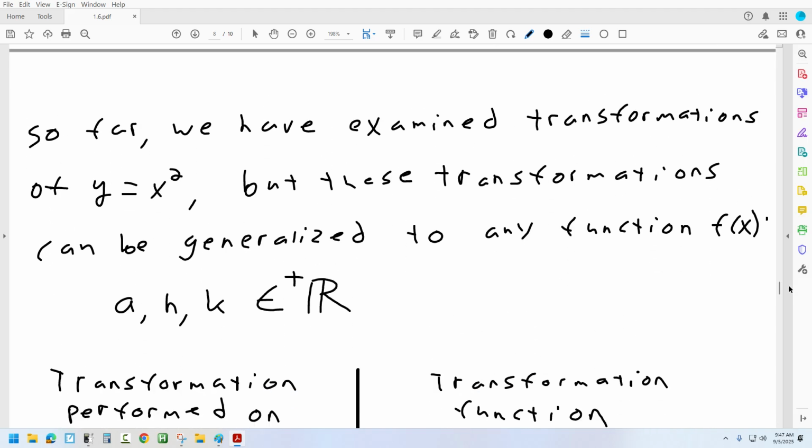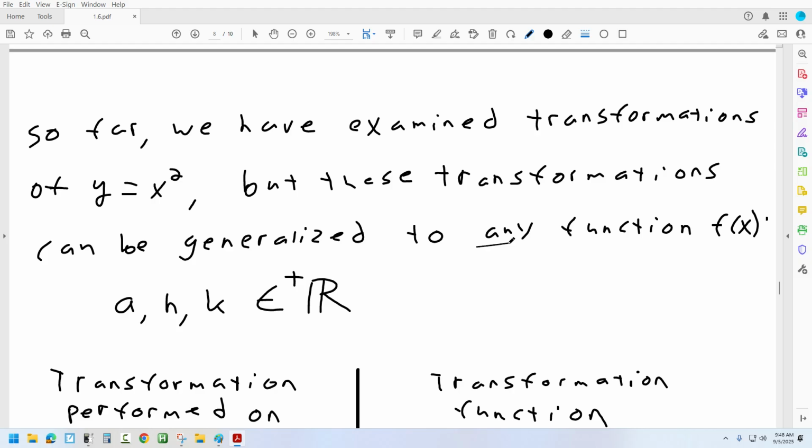All right, so yesterday we examined all the different transformations, but just in relation to quadratics. We can generalize all the transformations I taught you to any function we're going to study all year. Okay, so I'm going to use some variables. The variables I'm about to use represent any positive real number.